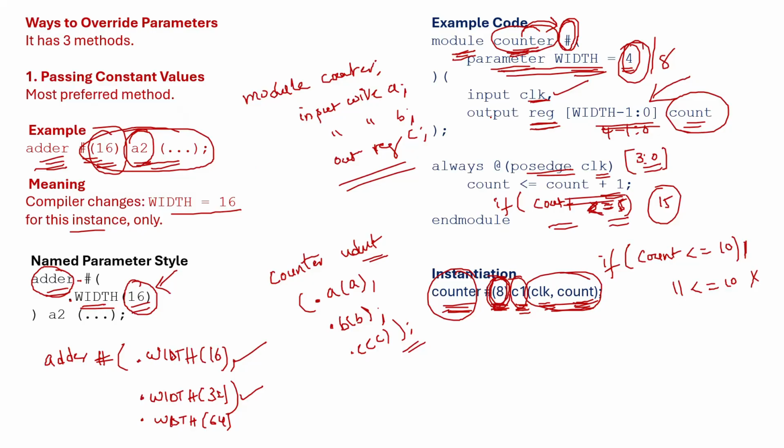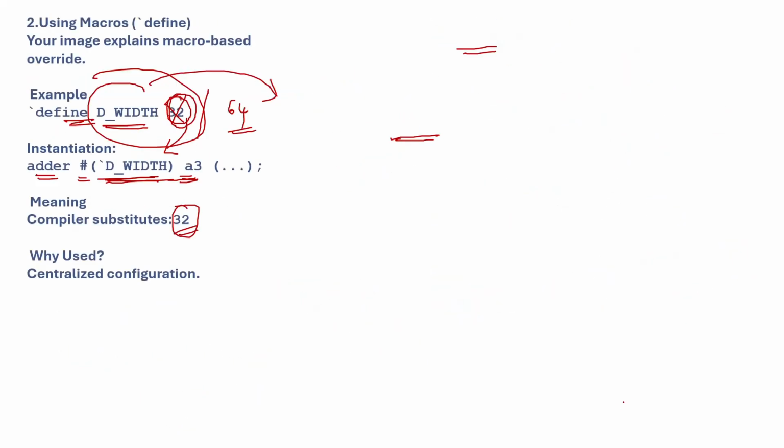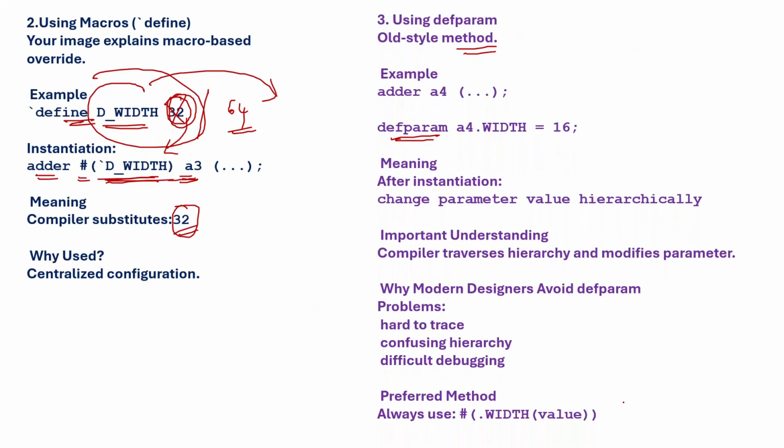So this is the best case. Most of the designers are utilizing this one only. In this way, it is easily identified which width we are utilizing. See how it is considered: adder, I'm taking the name as A4, A4 dot width equal to 16.